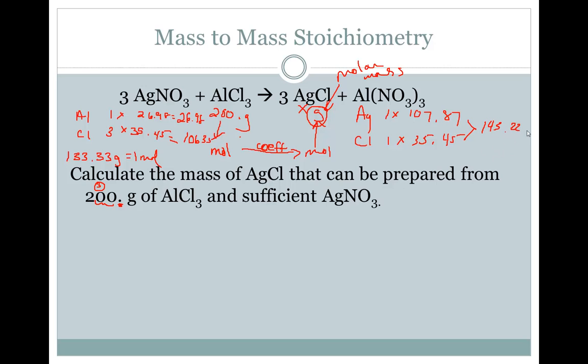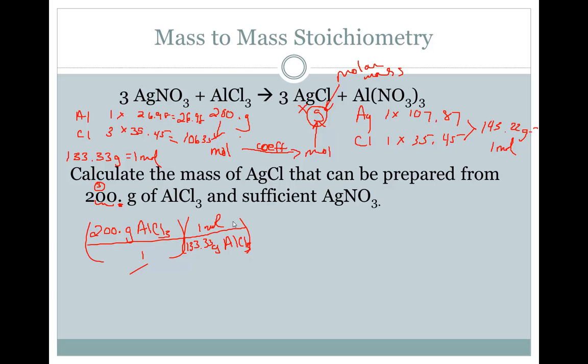Alright, so let's put our number over 1 now that we have all our conversion factors. 200 grams of AlCl3 over 1. All we did was turn it into a fraction. We need grams of AlCl3 on the bottom, and that is 133.33, 1 mole AlCl3.